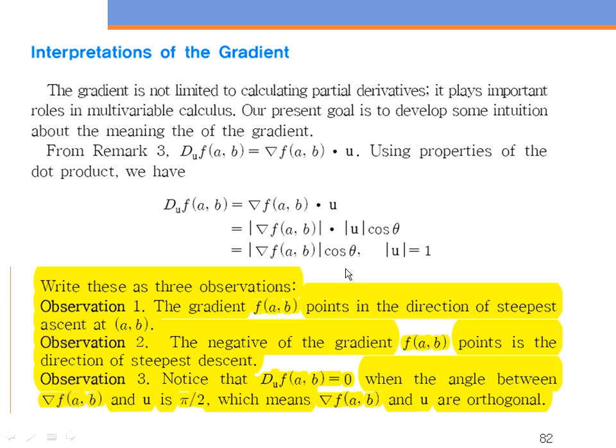What this means is, if this is 0, which means these two vectors are orthogonal, and that means the directional derivative is equal to 0. So when the directional derivative is 0, then this means these two vectors are orthogonal. So these are the conclusions that we can draw from the observation on these relationships.